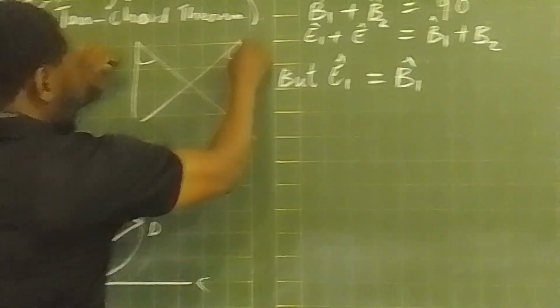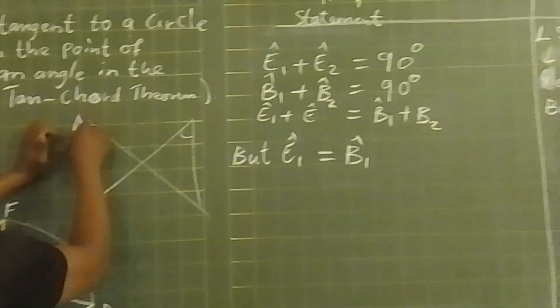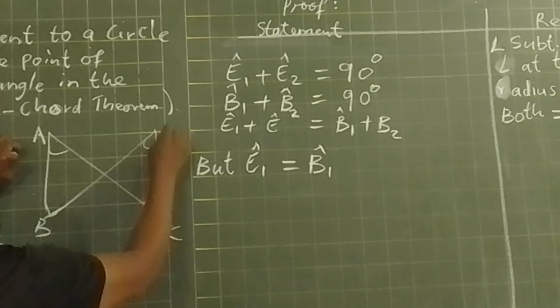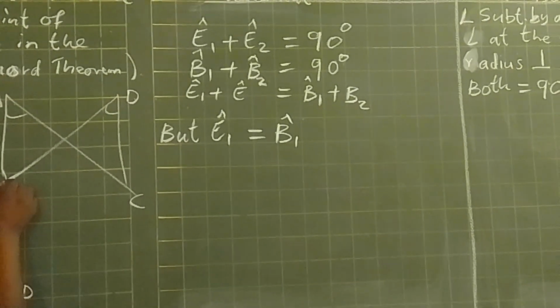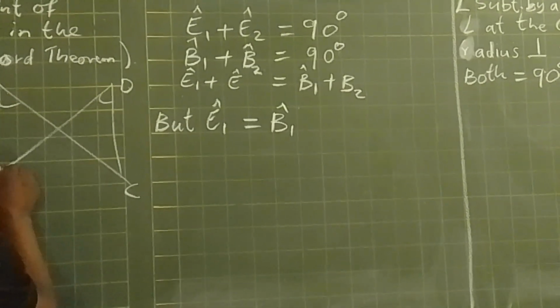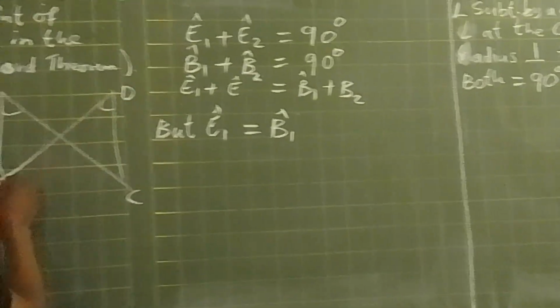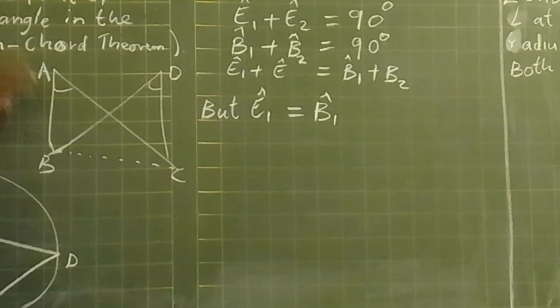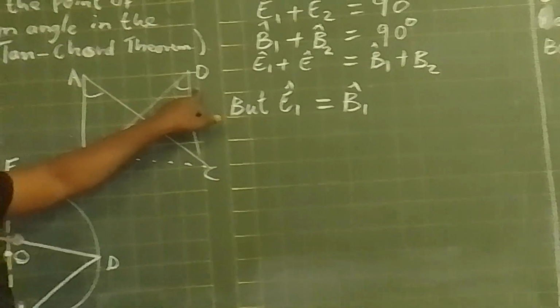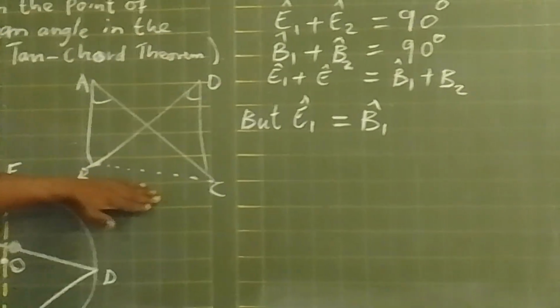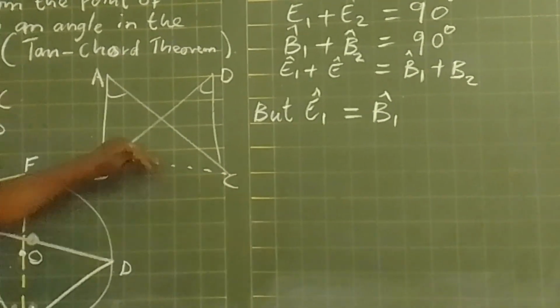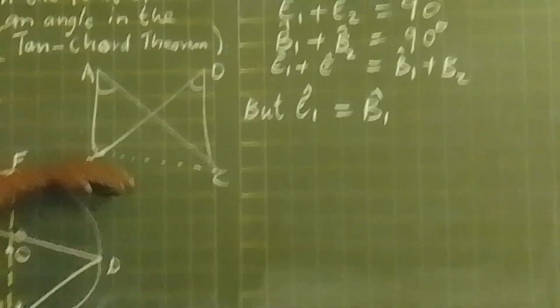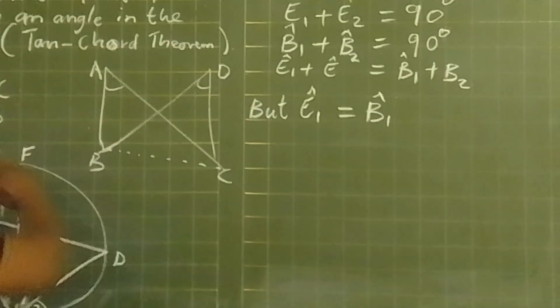That this angle is equal to this angle if we have A, B, C, D. You see that? A, B, C, D. So this BC, if this is a circle, then this is a chord. Angle A is equal to angle D because they are both subtended by the same arc or the same chord BC. This is chord BC, this is arc BC. You see, this condition applies here.